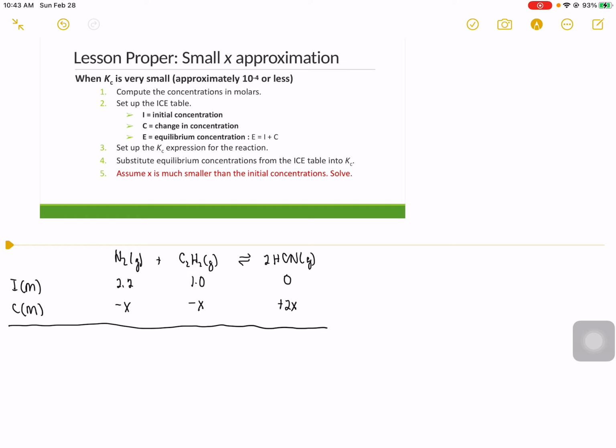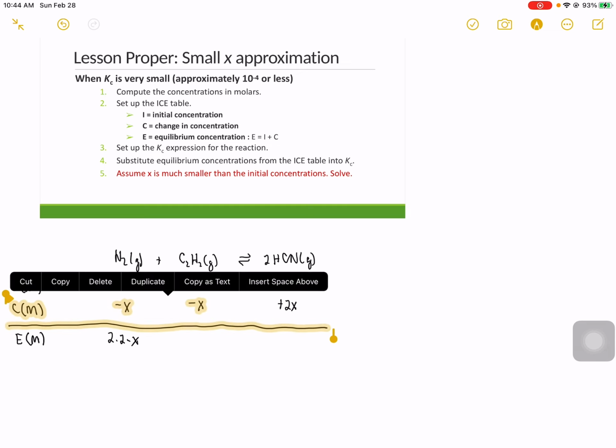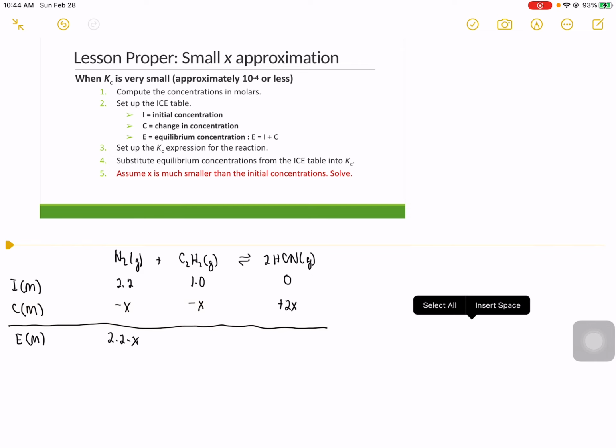Now once equilibrium is achieved for this particular reaction at 300 degrees, the equilibrium concentrations should then be 2.2 minus x for nitrogen. For acetylene, that's 1 minus x. And for hydrogen cyanide, that would be 2x.